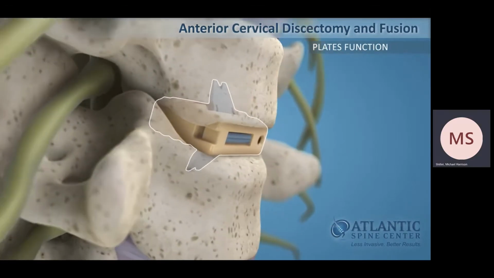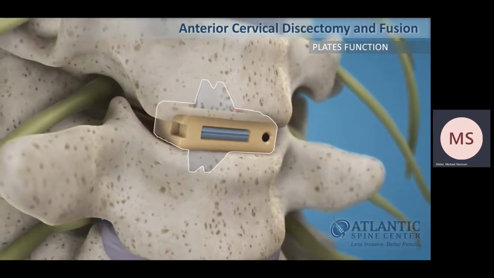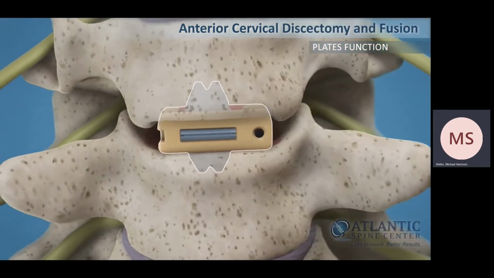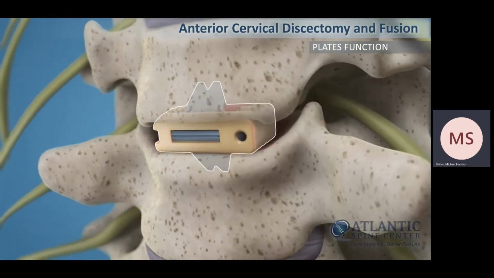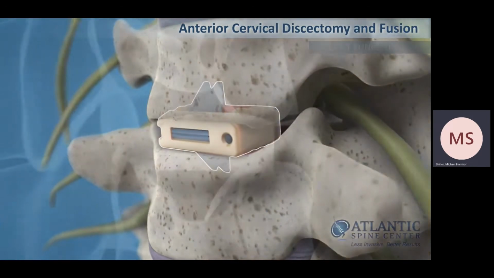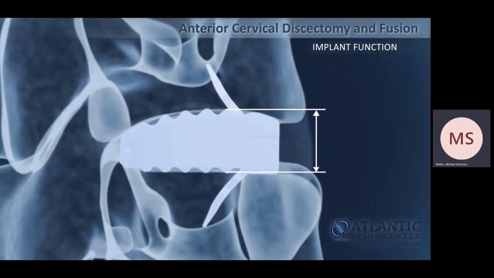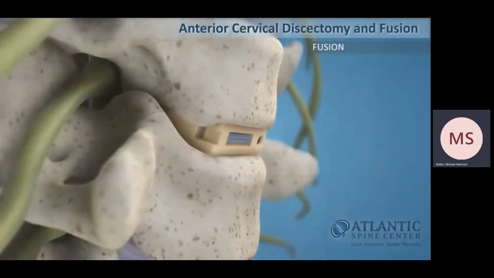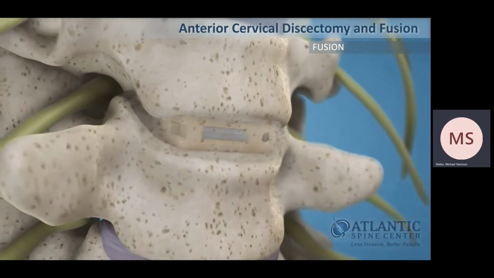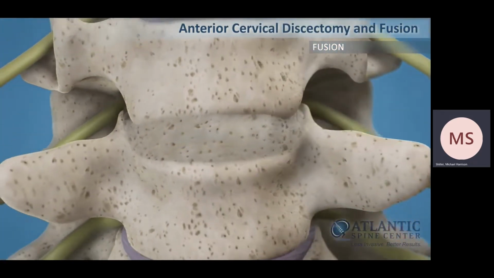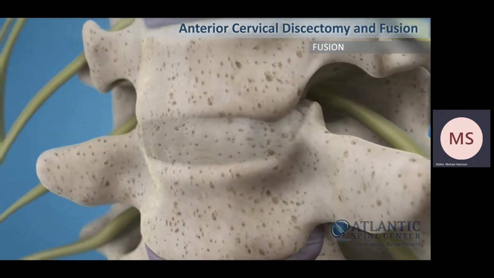Self-retaining plates are immersed in the vertebral bodies and securely fix the implant with the vertebrae in order to provide the stability needed for successful fusion. The implant maintains the spacing of the vertebrae while the fusion takes place. After the fusion is completed, a solid bone mass forms and the two vertebrae are joined together.